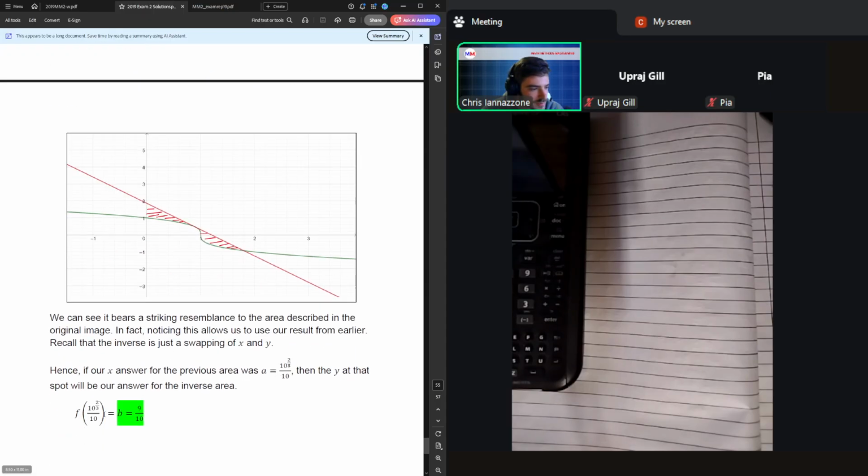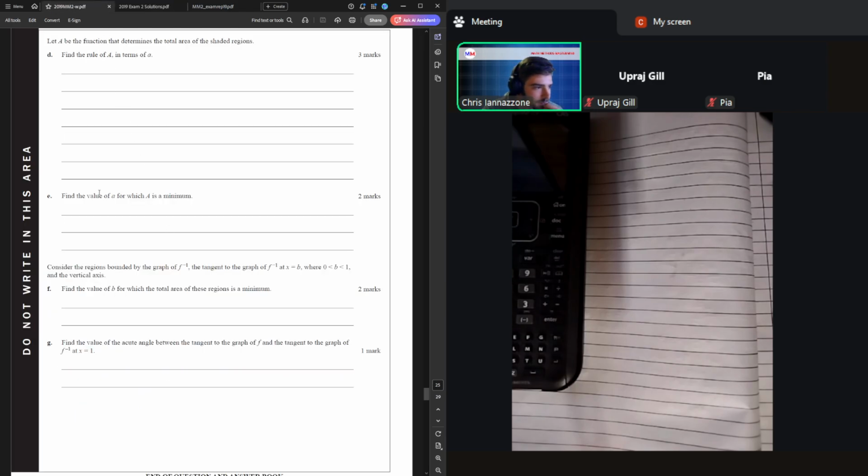The final bit to leverage there is the fact that the x and y's are swapping. So we did this stuff earlier, which was, hey, what value of a minimizes our area? That's an x coordinate right there.